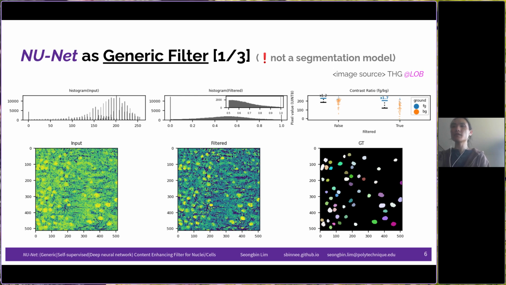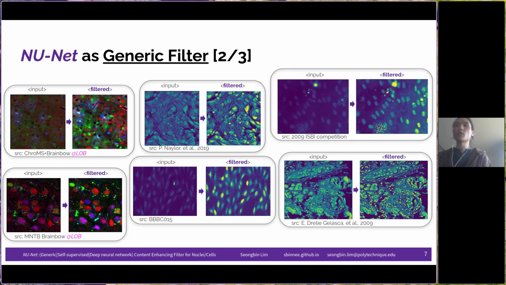Here the contrast was calculated by masking foreground pixels with this ground truth mask. We have more examples here from different sources, because NewNet is a generic filter. It can enhance the content from various sources of images.